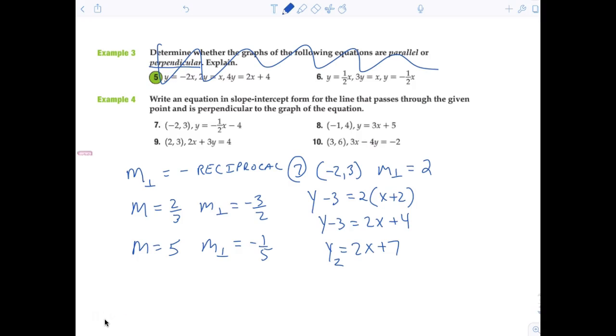The reciprocal would be 2. y minus 3 equals 2 times x plus 2. And did we type in -1/2 x minus 4? And did you type in y equals 2x plus 7? Wow, I'm not sure why it's not coming up more.